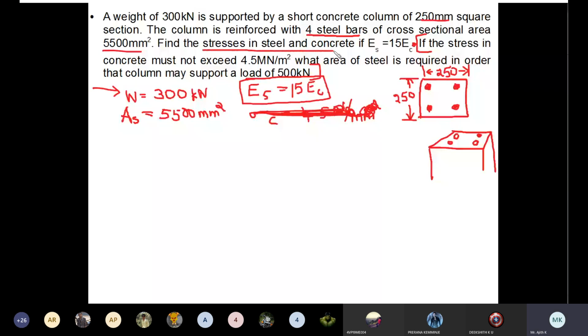You have to find out the stresses in steel and concrete. So as usual, I'm having only two equations. First equation: total load F is equal to F in steel plus F in concrete.